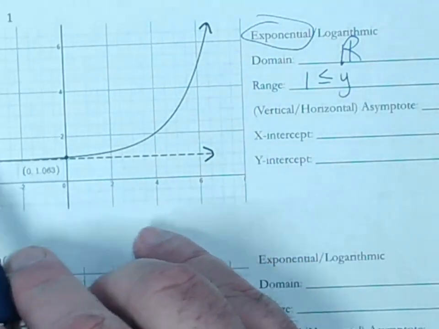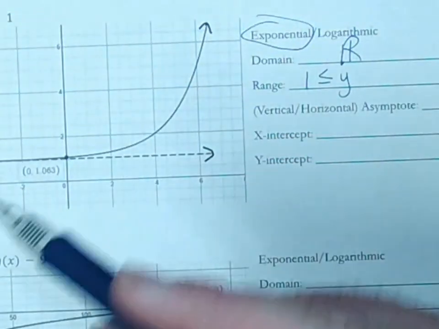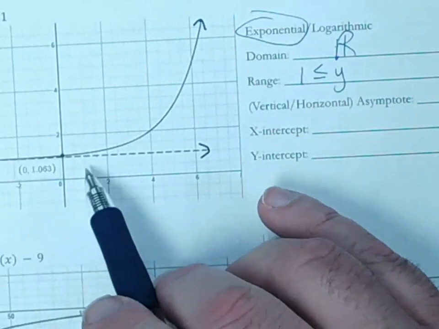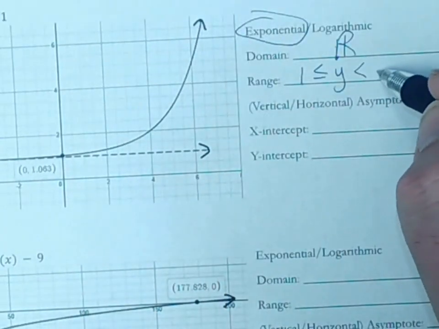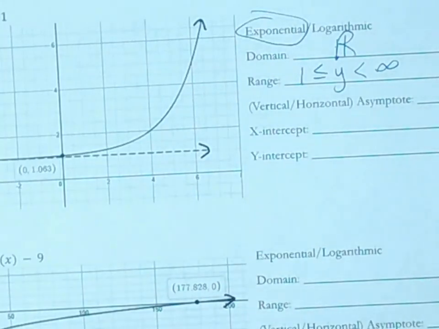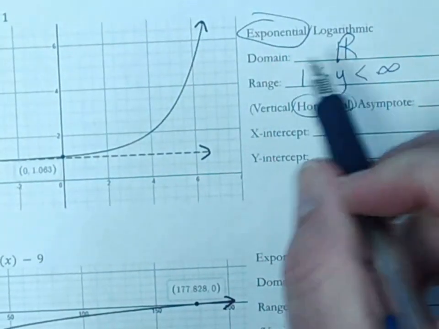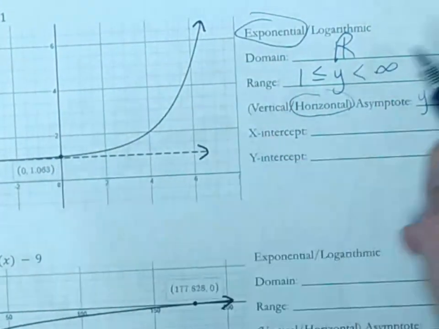And then you'll note that the graph, if I go to the left, it just kind of peters out. It's going to get closer and closer to 1. If you go to the right, it's going up with an arrow. It means it's going towards infinity, which is awesome. I've already mentioned that this is a horizontal asymptote. It crosses the y-axis, so we'll use y equals, and it crosses at 1.